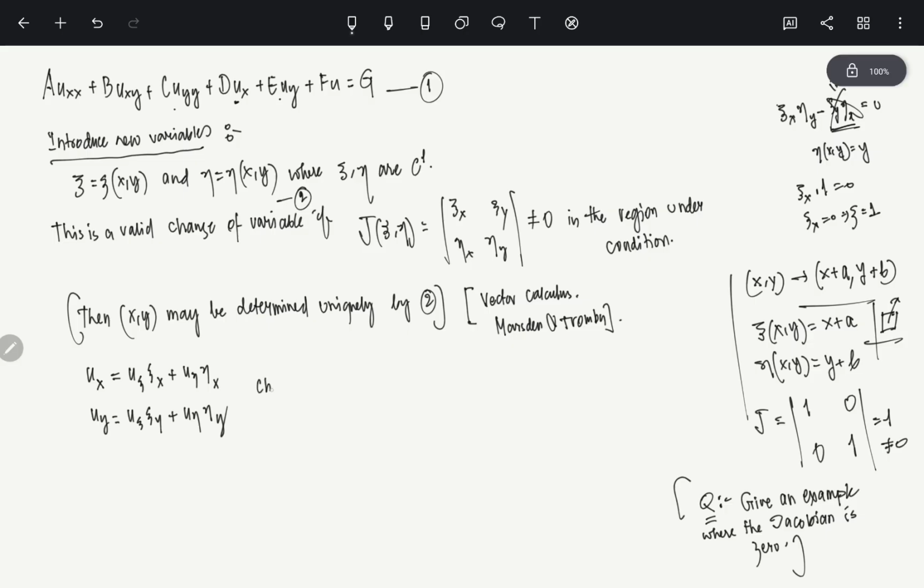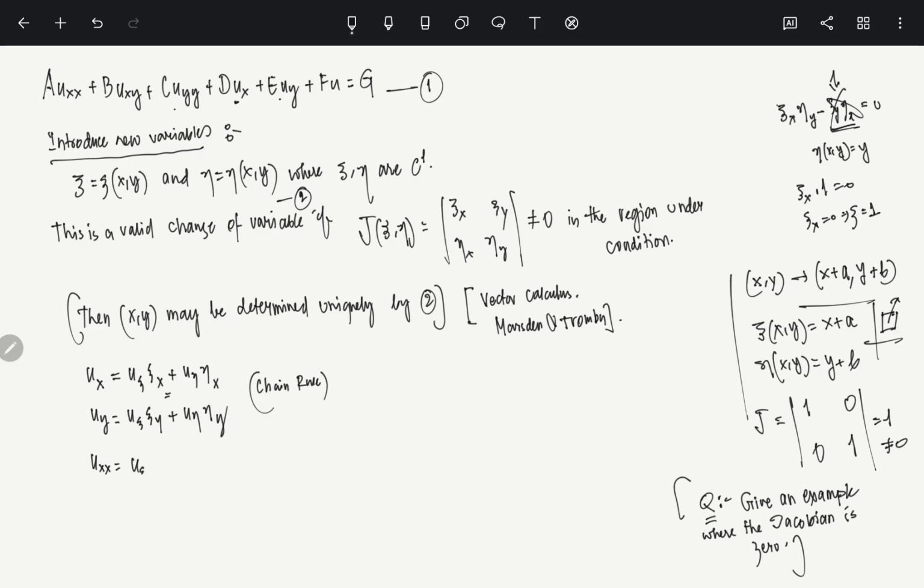This is basically the chain rule. If you know your chain rule, this is how. If you don't know, you have to go through it. It is very important to know how to work with the chain rule, because otherwise you can't do this part. Similarly, uxx is nothing but ux with respect to x. I'm just writing it down, but you can of course check it. It's not very difficult.